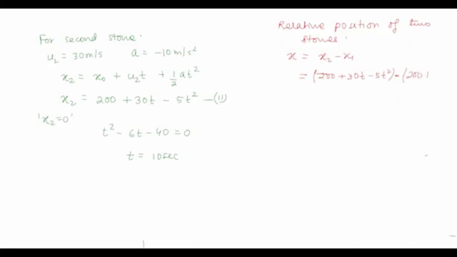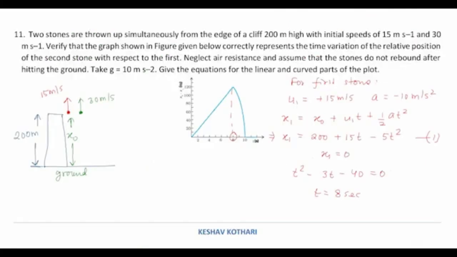On solving, we obtain x2 minus x1 equals 15t. So the nature of the graph will be linear: x2 minus x1 equals 15t.